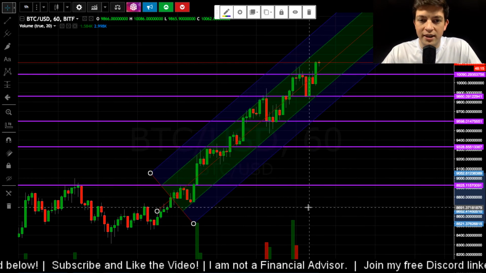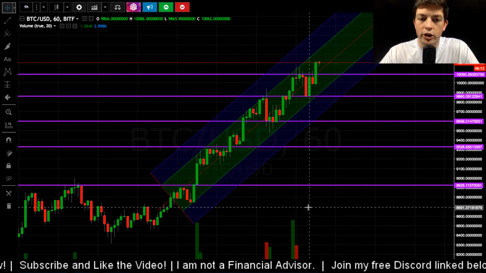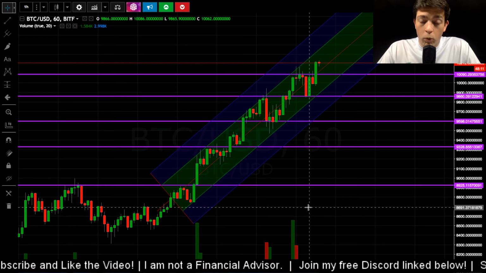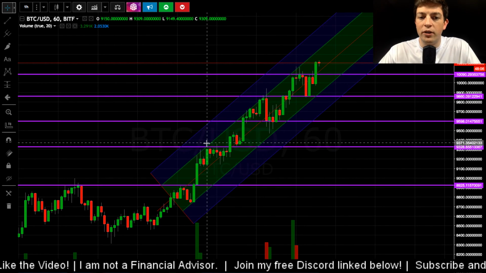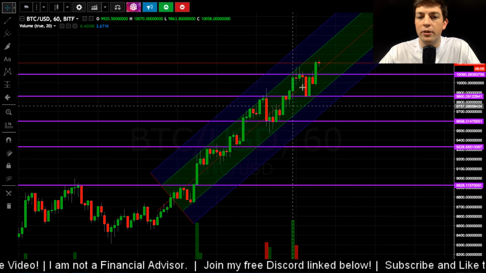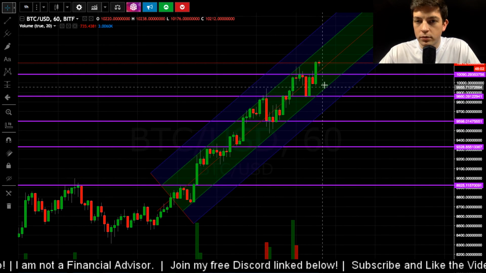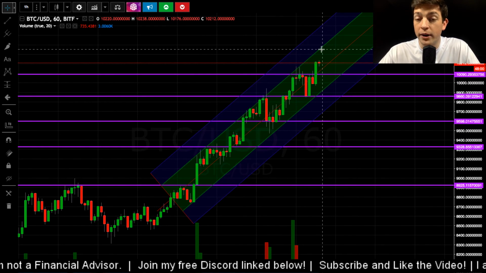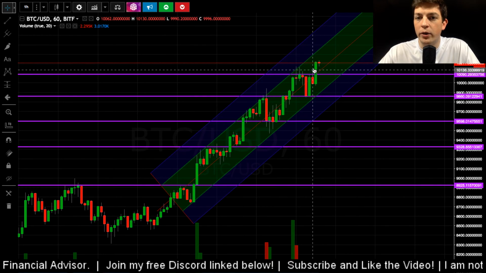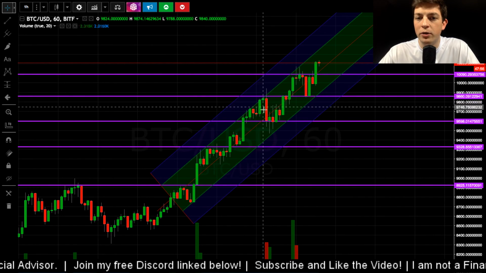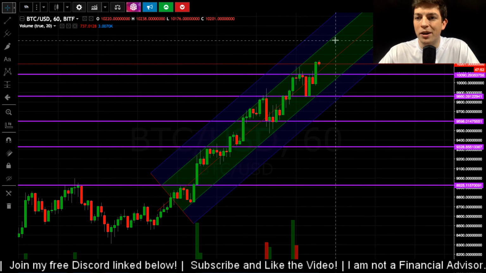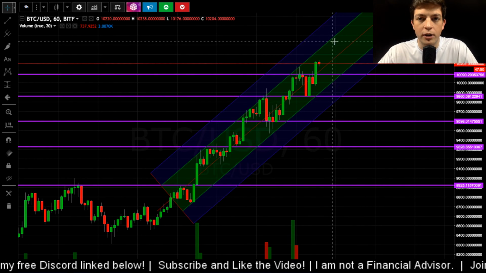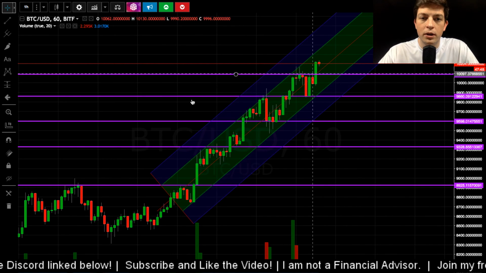Okay, so this is again just another way of looking at what's going on with the price action. So here we see that it's bouncing off the green, bounces off the green, bounces off the green. And so what I would suspect to happen is that we kind of consolidate a little bit here like we've been doing, and then we pop back up and get into that 10.5 range up here pretty soon.